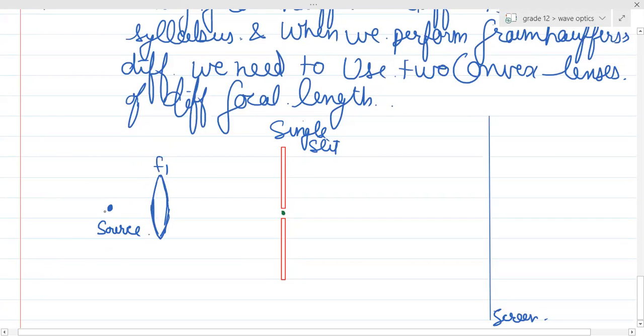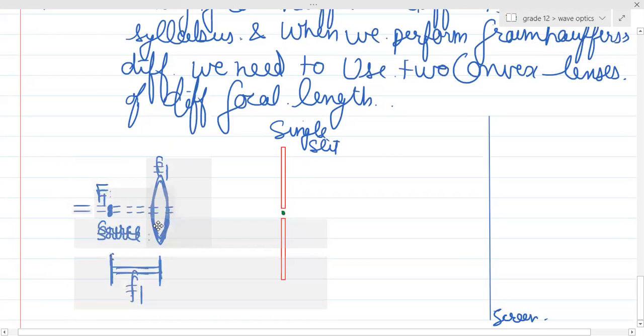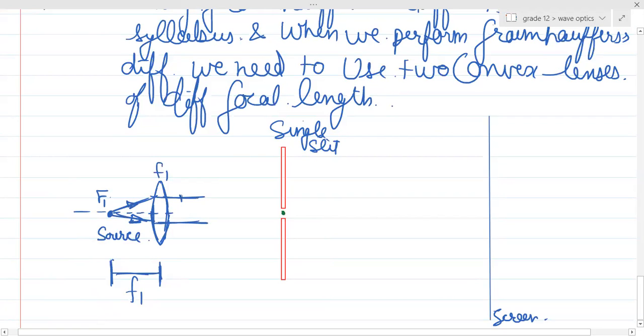I'll place it between the single slit and the source, in such a way that the source lies on the focus. What will happen when light goes through this? After refraction, they will become parallel, right? And this is what I wanted, if you remember.